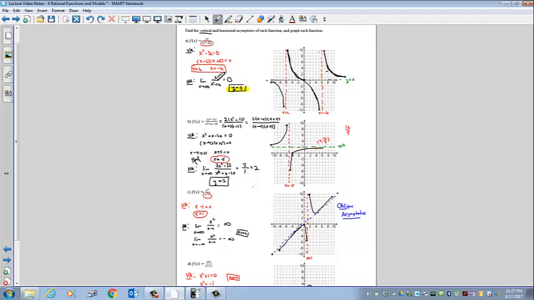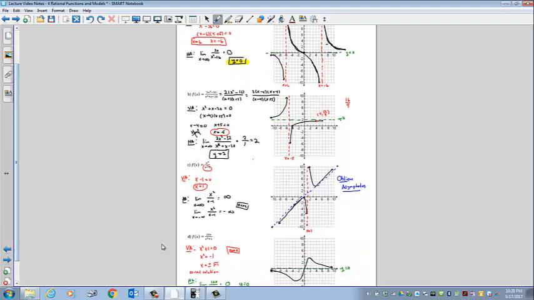So you really don't need to use limits if you don't want to. You can just say, oh, look, the degree is bigger on bottom, so it's going to head towards 0. This also happens down in this last case down here. You'll notice the degree on the bottom, which is 2, is bigger than the degree on top, which is 1. So we'll have a horizontal asymptote at y equals 0. So there's one case. The second case would be the degree on top is bigger.